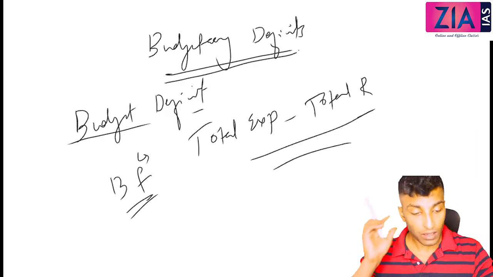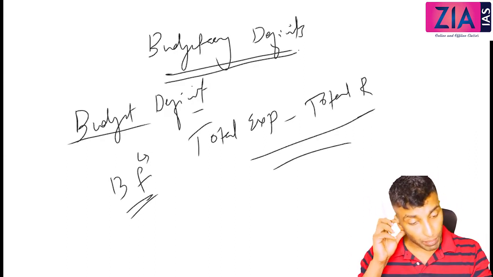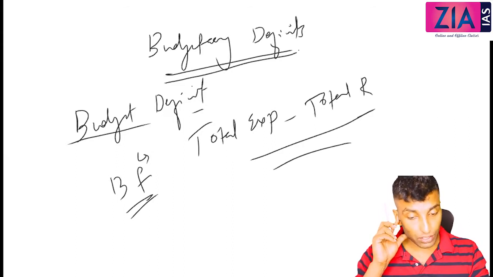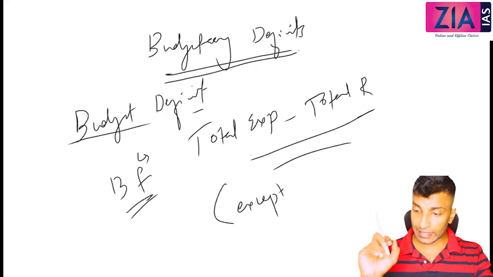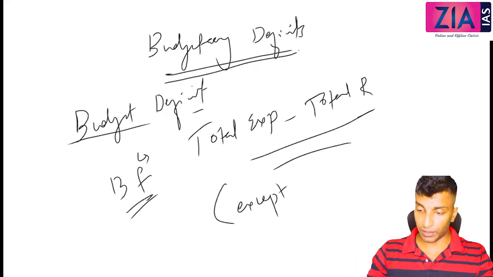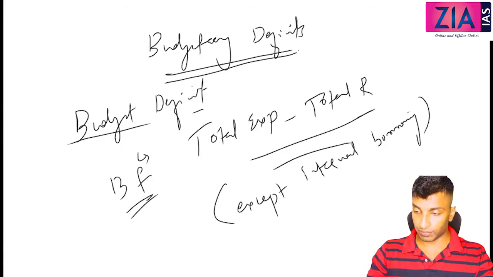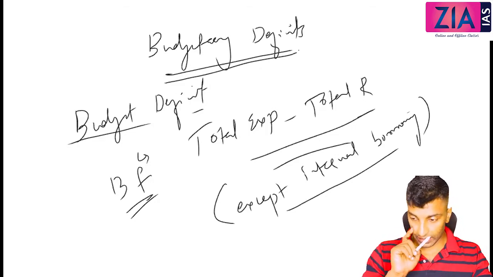Okay, so just complete it. It is the excess of total expenditure over total receipts of the government except internal borrowings. In bracket you write, except internal borrowings during a financial year.